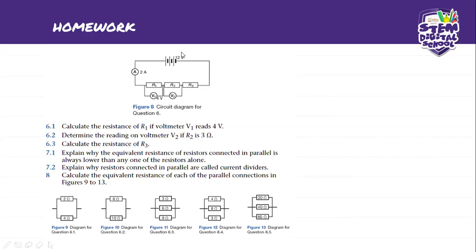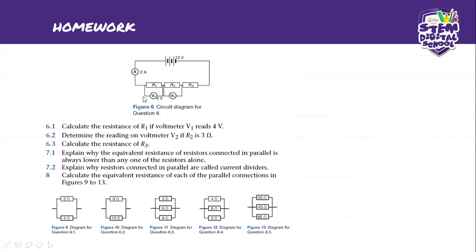So it's going to be 12 minus 4 minus 6, and that's going to give us the voltage for R3. Then we can go straight to looking for the resistance, which is V divided by I, which is what we got from finding this divided by the 2 amps.